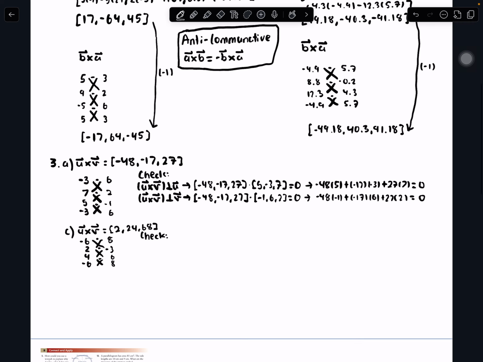The same thing now, we check to see where U cross V. If it's perpendicular to U, well, we want that dot product to equal 0. And if it's perpendicular to V, we also want that dot product to equal 0. And in fact, it will. But let's just confirm that it is true.